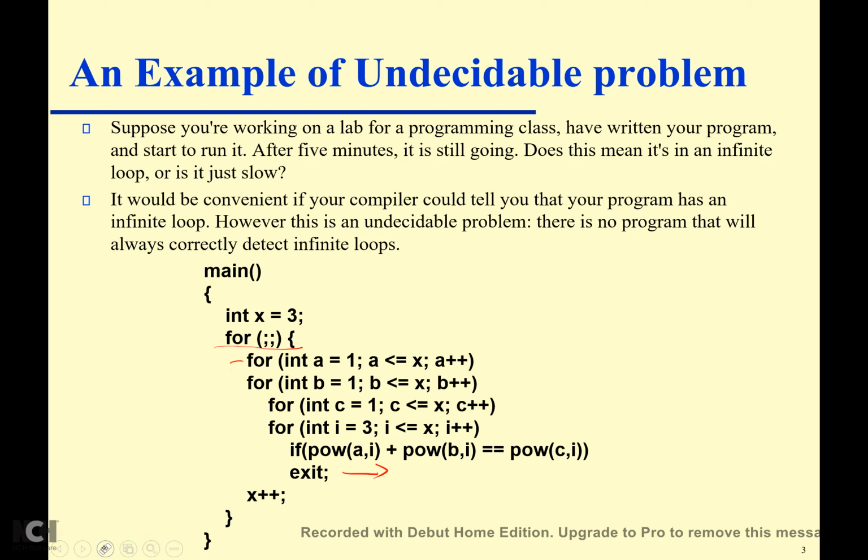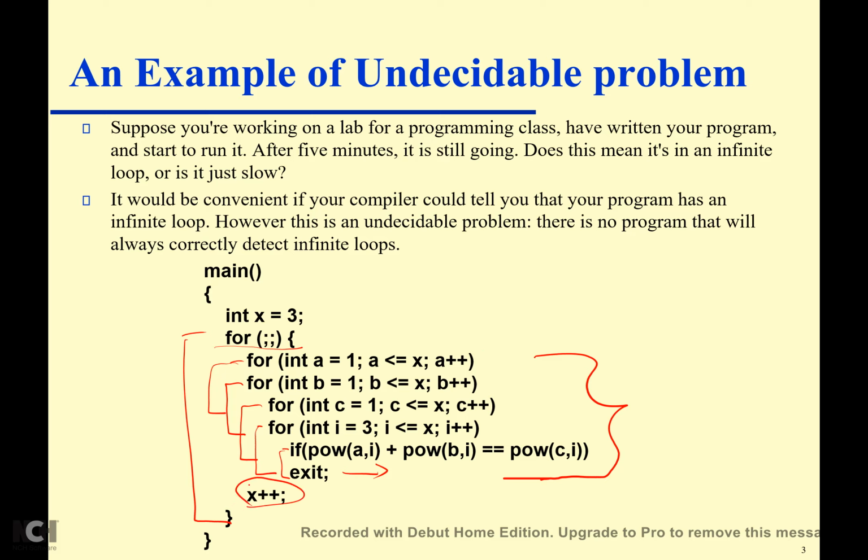Also pay attention to here. This is one statement. This is a for loop for this statement. This is a for loop for this statement. This is a for loop statement. Right? And then this is together. So after you have this total, this last loop, then you change the x, right?